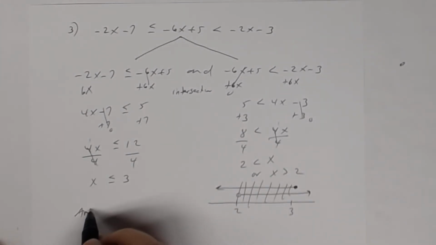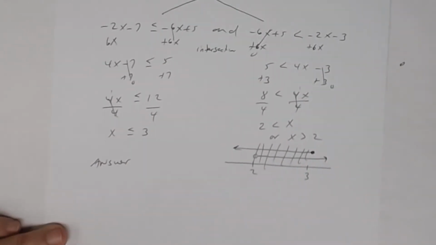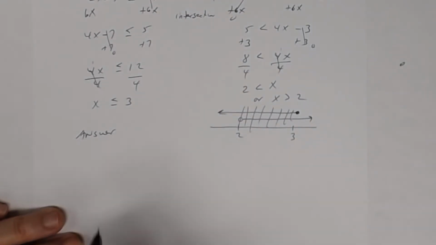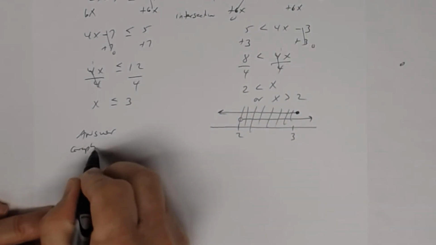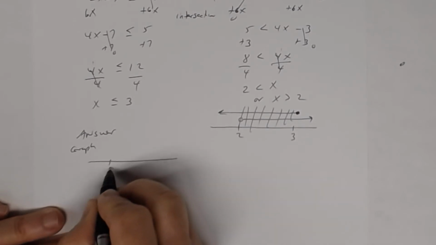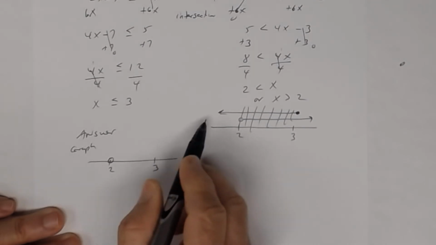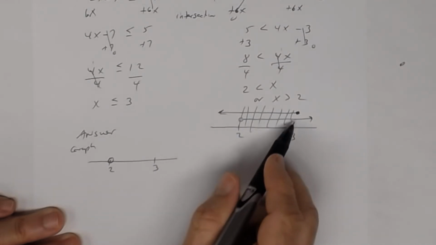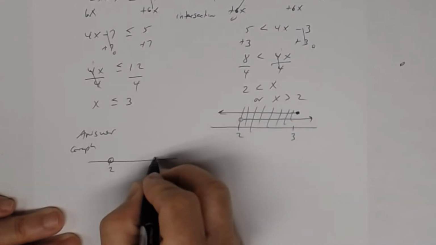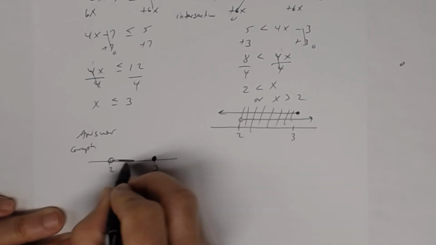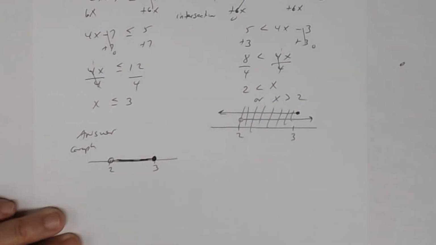And so your answer for the graph, you're going to say 2, 3, open circle on 2, closed circle on 3, and then shade in everything between them.